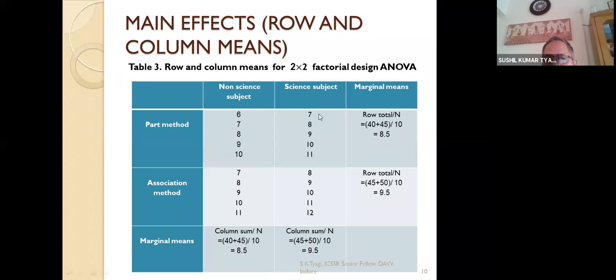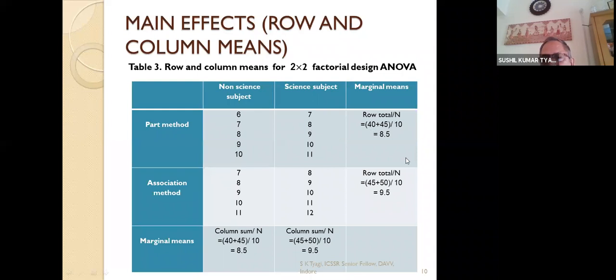These are scores of science students taught through the part method: 7, 8, 9, 10, 11. Then 7, 8, 9, 10, 11 are the memory scores of non-science students taught through the association method, and for science students, 8, 9, 10, 11, 12. These are the scores of science students taught through the association method.